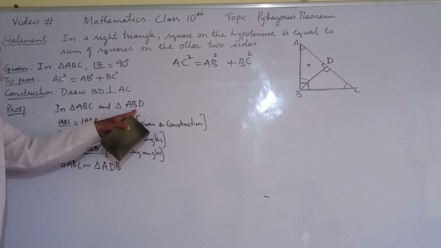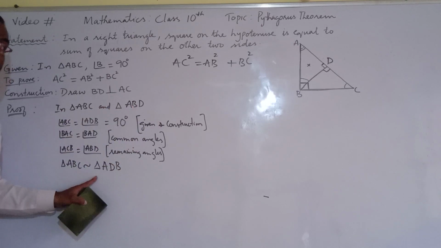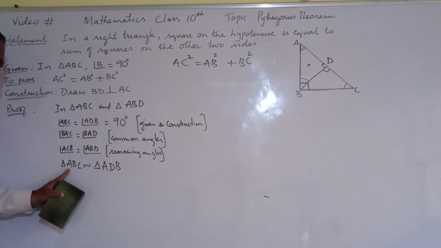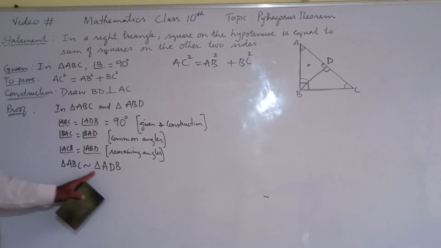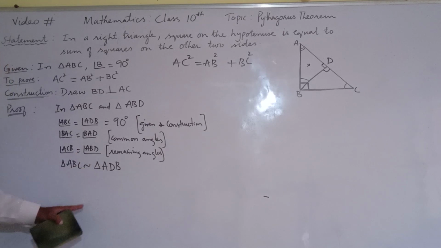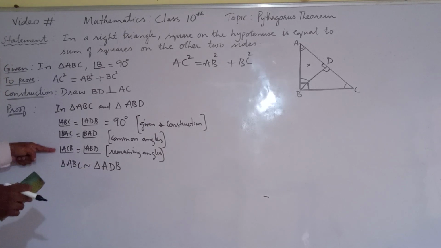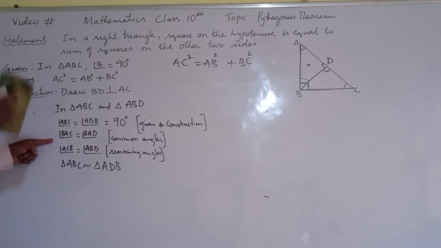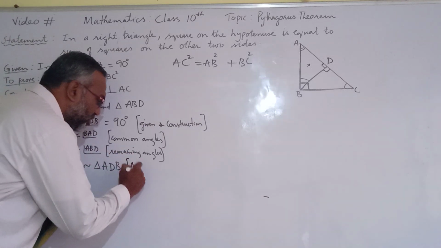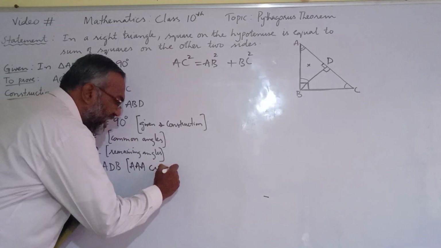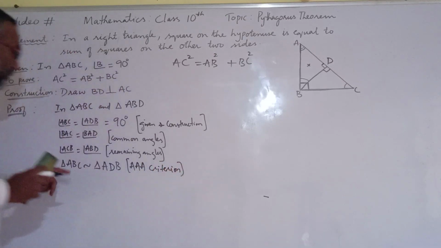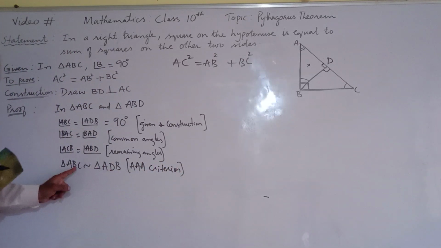Here I have written ABD, no problem, but while writing the similarity statement, you have to write the corresponding order. Now these two are similar triangles because their corresponding angles are equal, from the AAA similarity criterion.